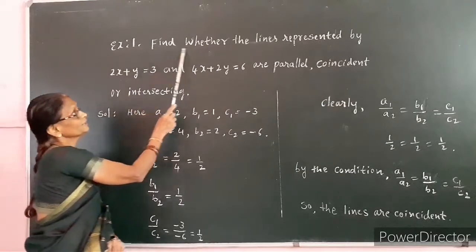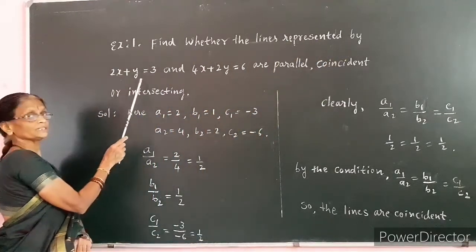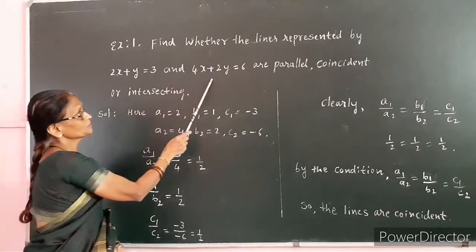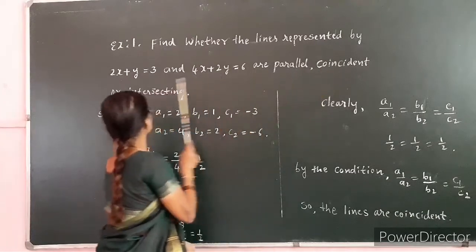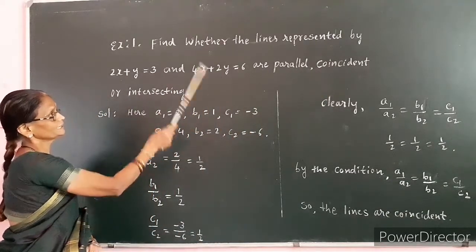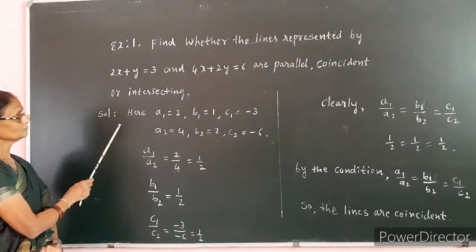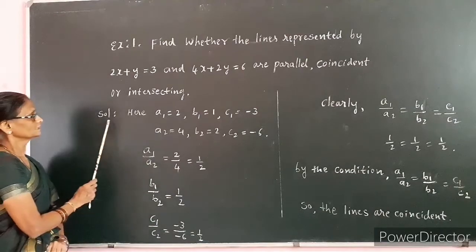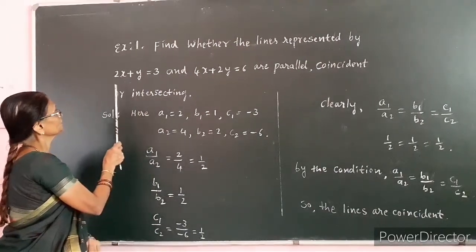Example 1: find whether the lines represented by 2x + y = 3 and 4x + 2y = 6 are parallel, coincident or intersecting. Now we have to check this by using the condition. We compare with the standard form of the equation.